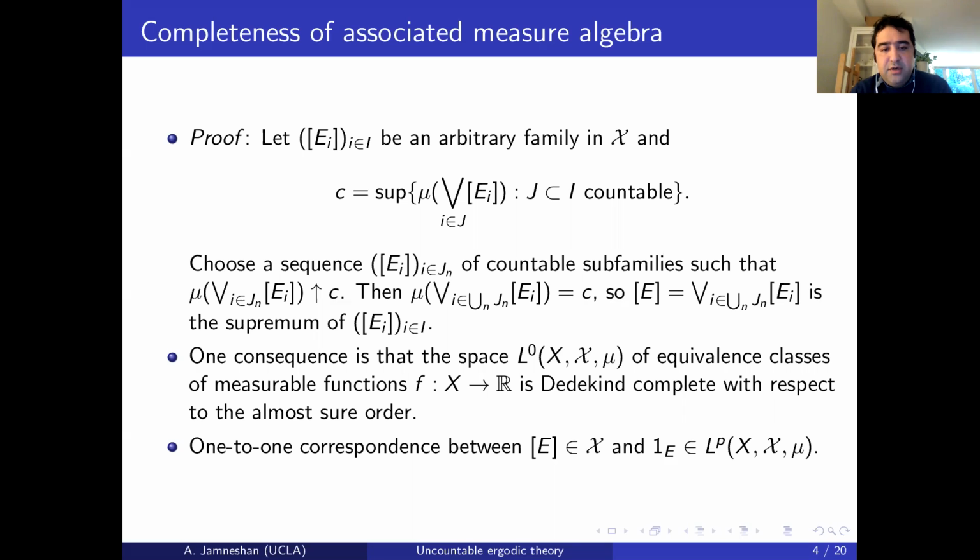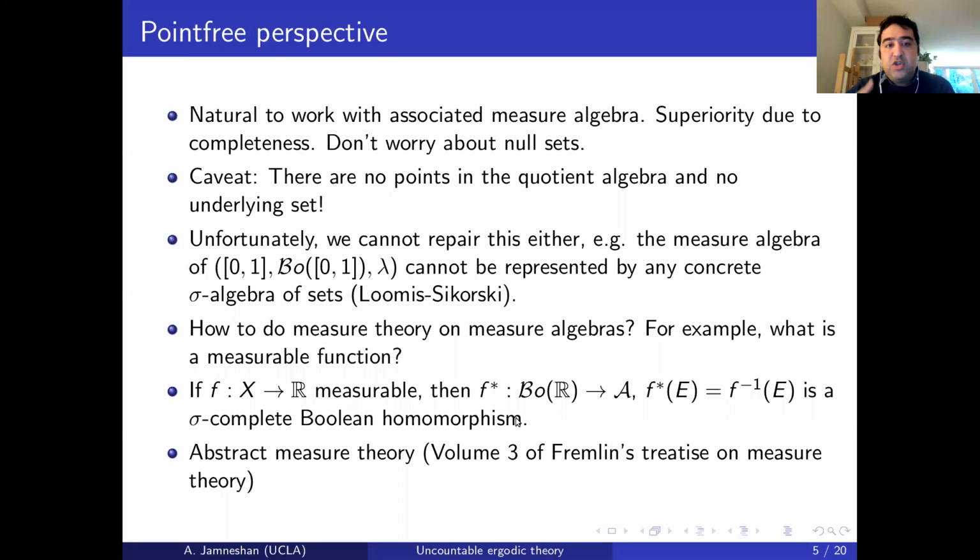There is also another nice correspondence between the measure algebra and generally L^p spaces, in that any equivalence class in the measure algebra corresponds to the equivalence class of the indicator function in any L^p space. So in some sense, it is natural to work with the associated measure algebra instead of the probability space itself.